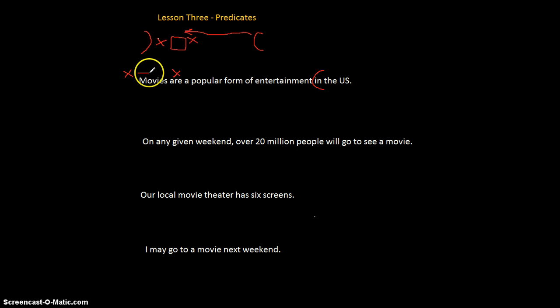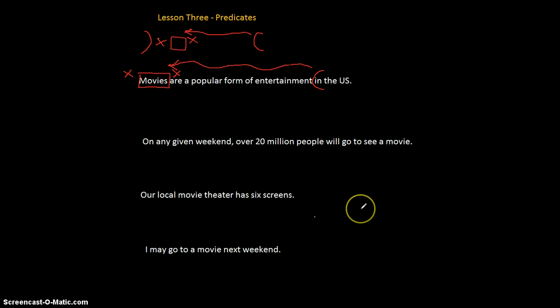And immediately I find my subject for this sentence is movies. This is perfect for us because now I know that between the subject and the end shifter, I have my predicate. And I'll draw that arrow to show the predicate says something about the subject.